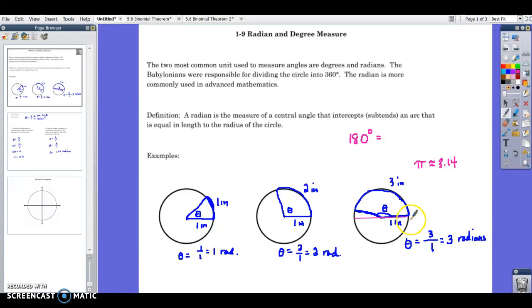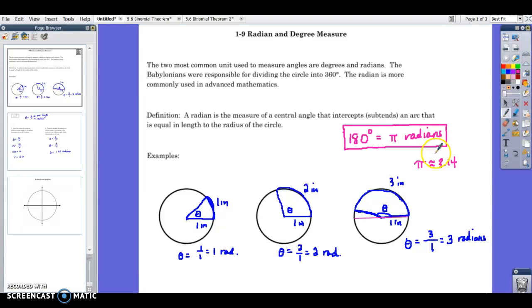But if I did this ratio of 3.14 over 1, that would give me pi, and so that would make that central angle pi radians. And so we have this conversion factor that says 180 degrees is equal to pi radians. That is something that is going to be extremely useful to us when we are converting between degrees and radians.